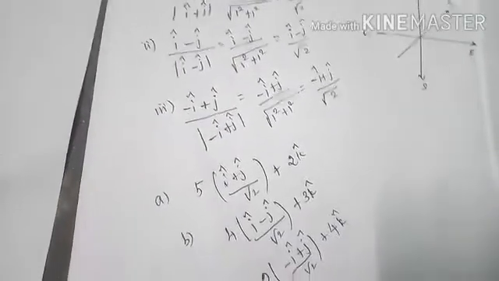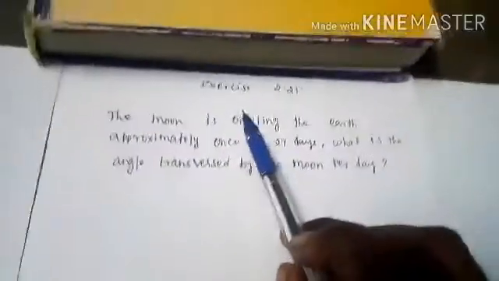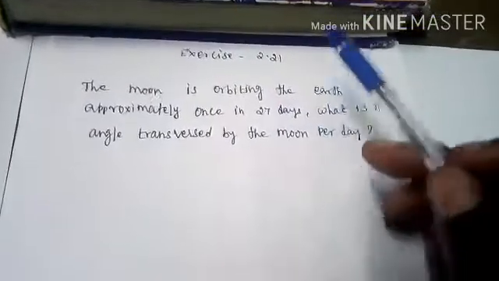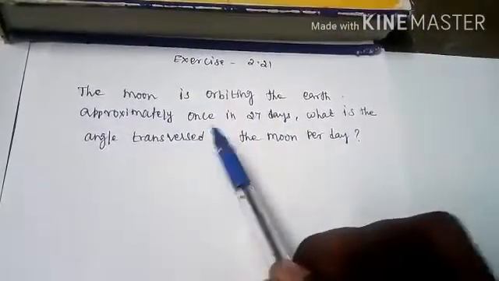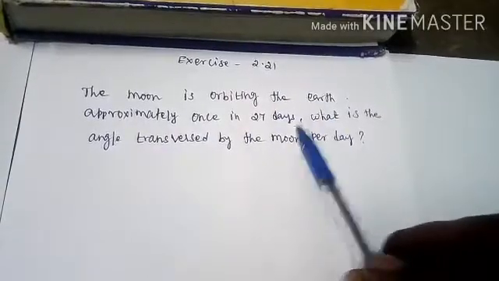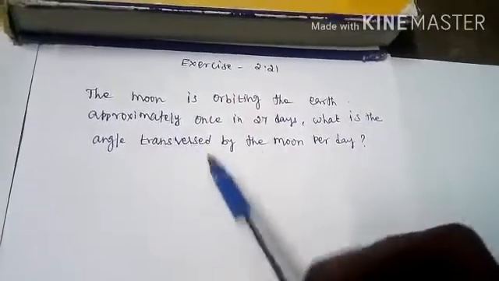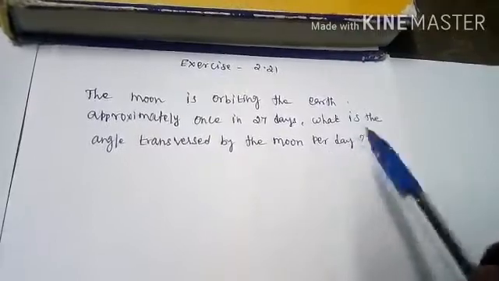Next one is exercise 2.21. In our question, the moon orbits the earth approximately once in 27 days. What is the angle traversed by the moon per day?